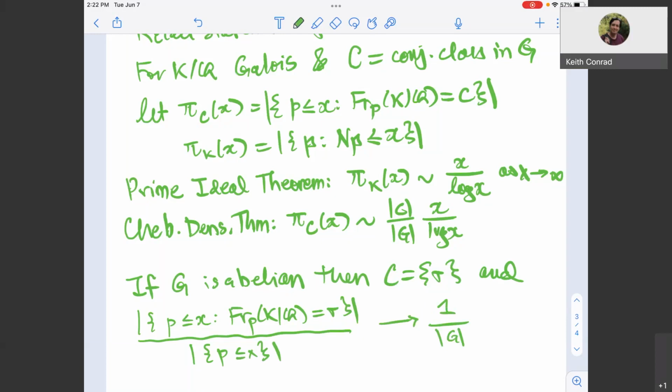Every element has its equal proportion of primes that have it as its Frobenius element, if the Galois group is abelian.